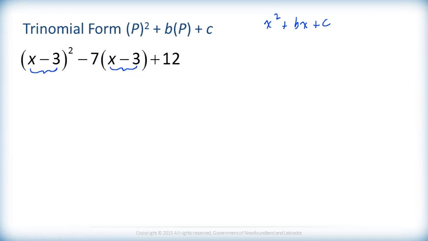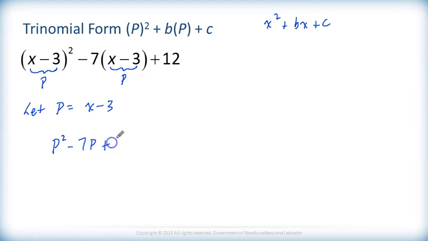It's important that that expression be the same right here as it is here before we attempt this kind of factoring. So we'll call this p right here. So we'll say let p equal x minus 3, and now we rewrite, and we've got p squared minus 7 times p plus 12.